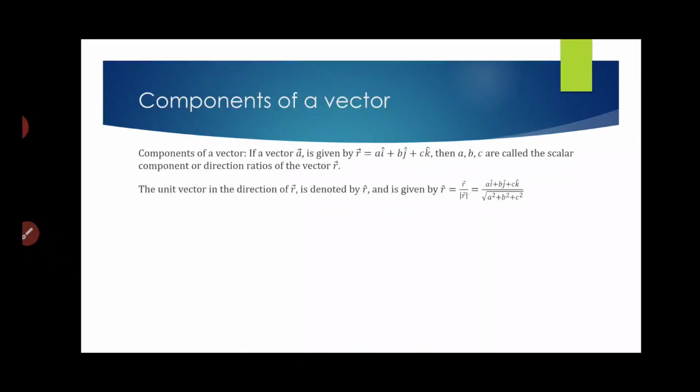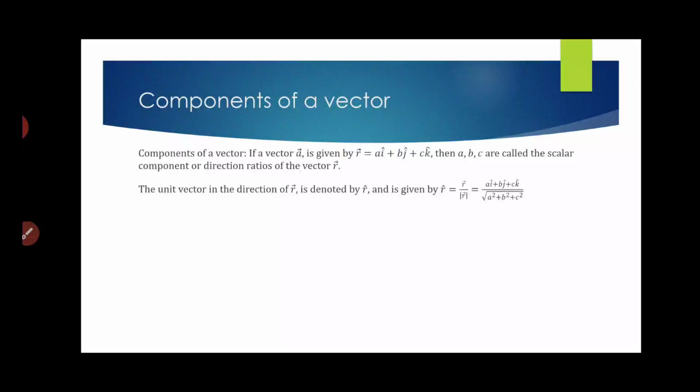The unit vector gives us the sense of direction. Always remember that for any vector, its unit vector gives us the sense of direction. So you may ask how to find the direction of a vector. Always remember, if you find the unit vector of any vector, then that gives you the direction.